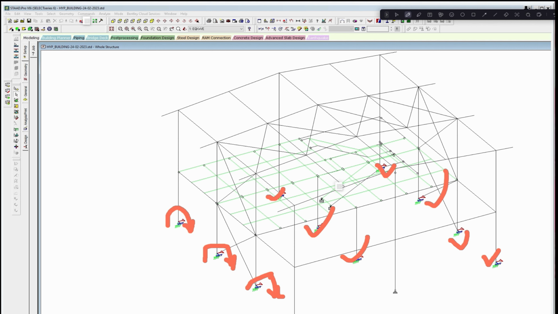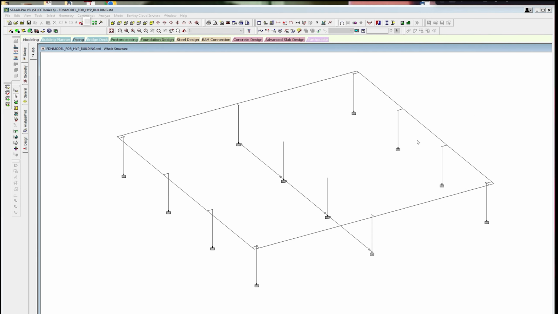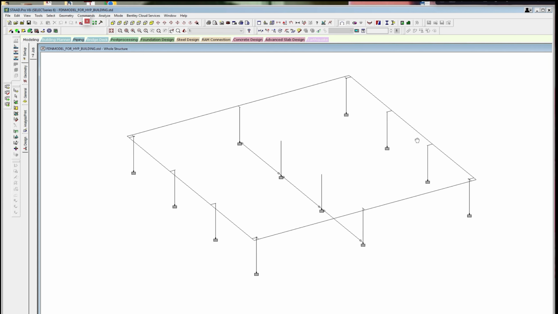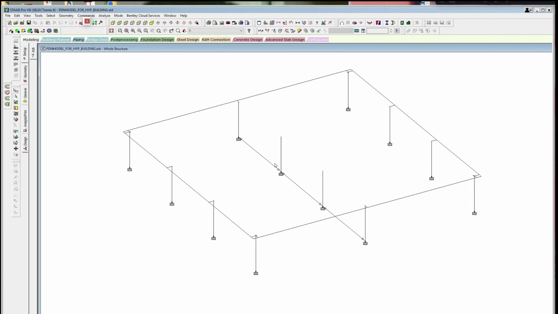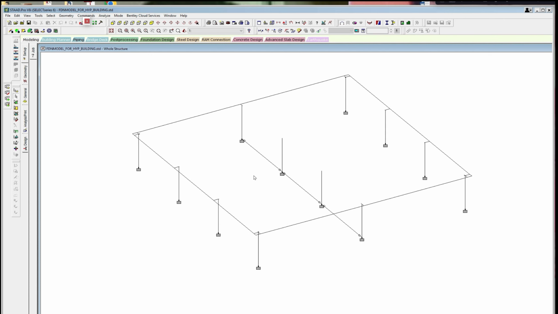Let us go back to the substructure model, that is the foundation model. So this is our foundation model. We have to arrive at a dimension. We have to take the reactions.